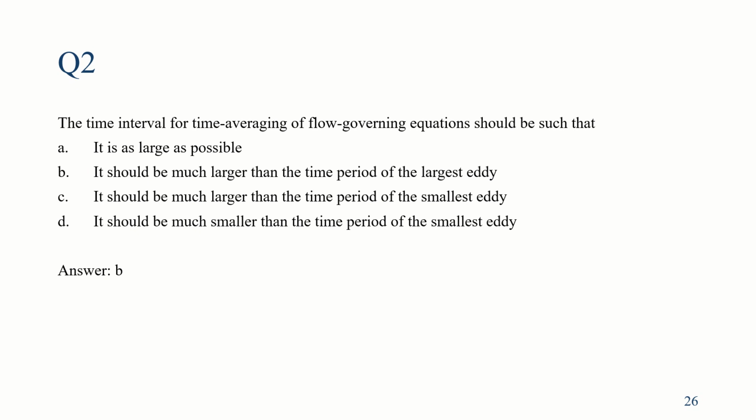If we want to capture the largest eddy formation, the time interval should be larger than the largest eddy formation. Largest eddy formation obviously will take more time than the smallest eddy formation. So when we are doing time averaging, the time interval should be larger than the largest time period of the largest eddy. I hope it is clear. So our right answer is option B.